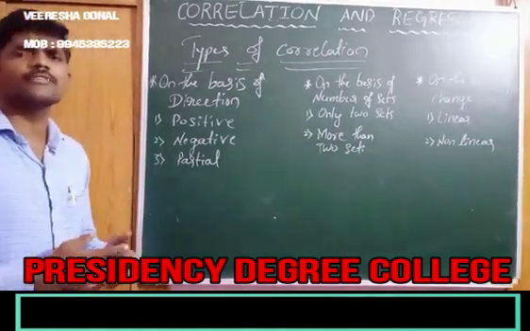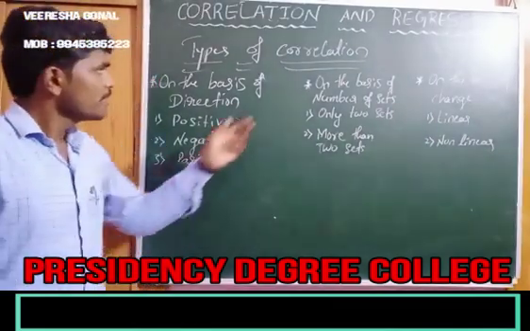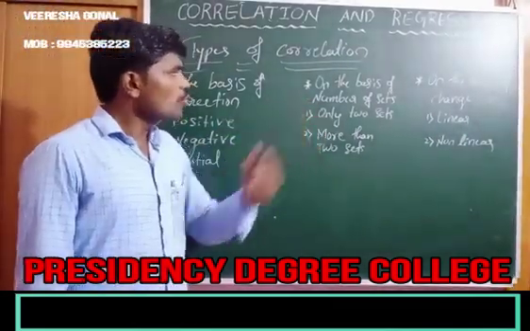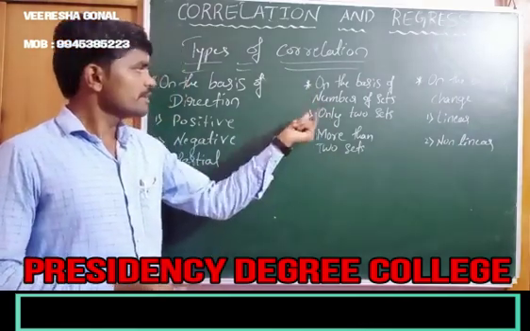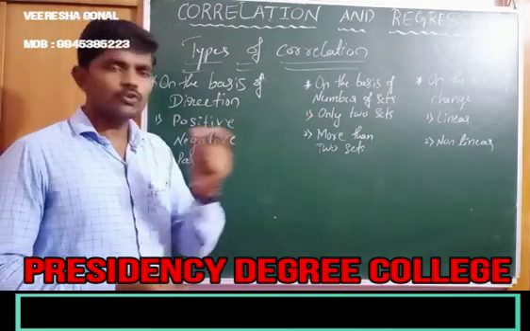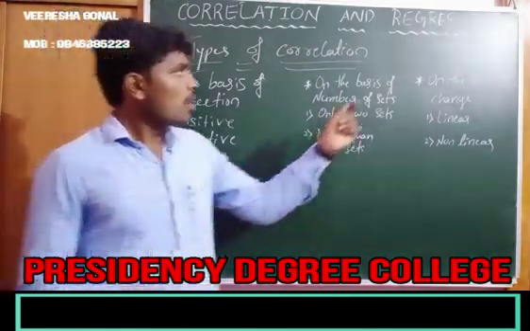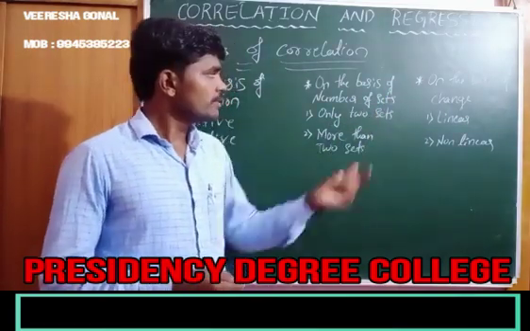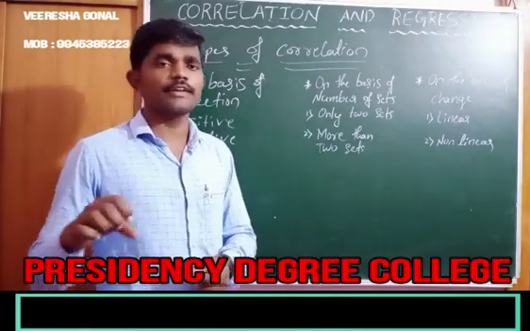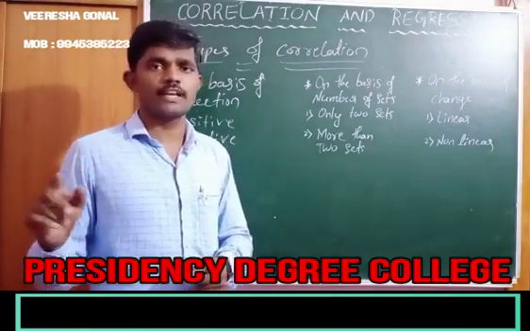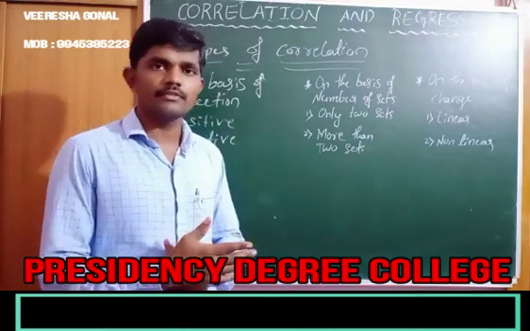Partial correlation means it depends on one another. Second, on the basis of number of sets: only two sets, or more than two sets. On the basis of change: linear means, mathematically, a linear graph with the equation y equals ax plus b, and non-linear means curved lines like that.